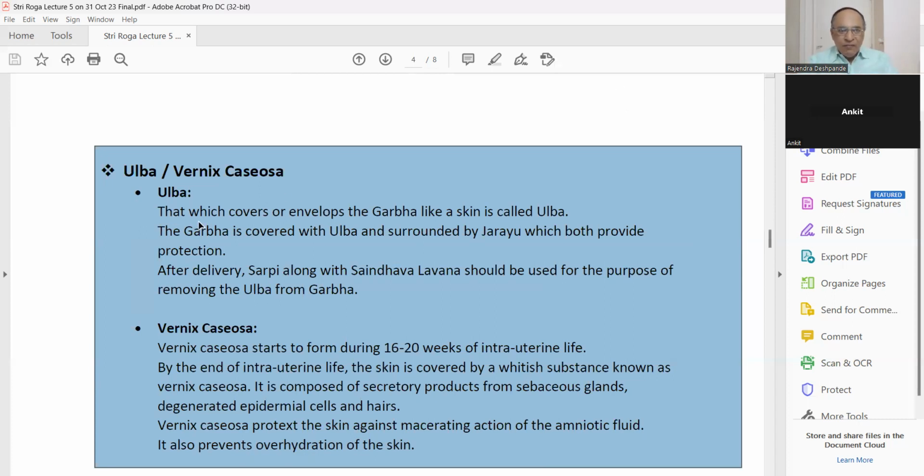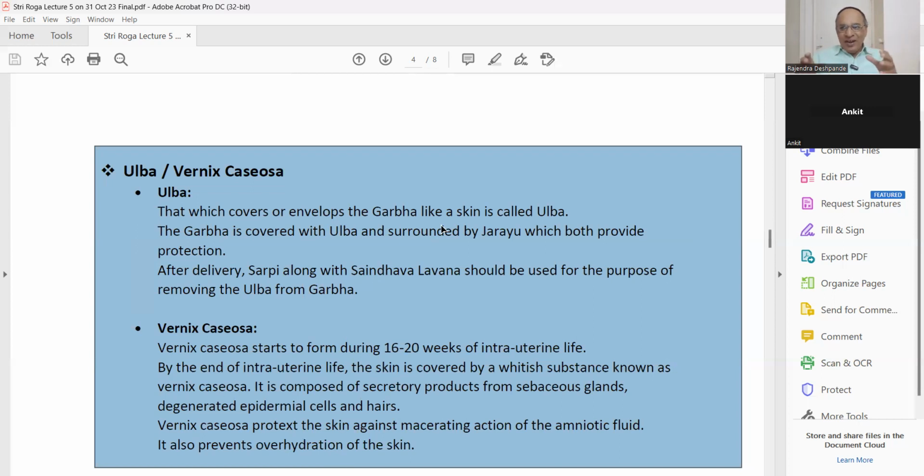What is Ulba? It covers or envelops the Garbha like a skin, just like skin everywhere in the body. That means above, it's like a coating, like a covering. I will give you a funny word. It's not really a good word to use, but it's like a lamination. Do you know what lamination is?